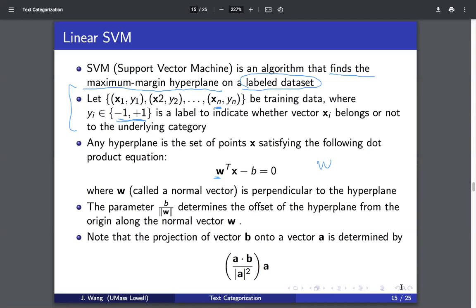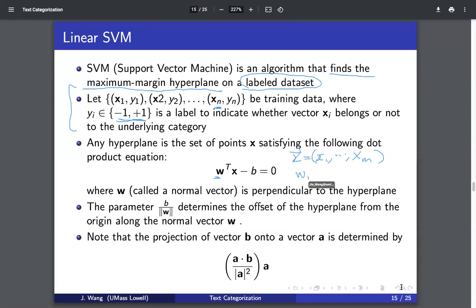Any linear or hyperplane. Let's say each X has M dimensions.